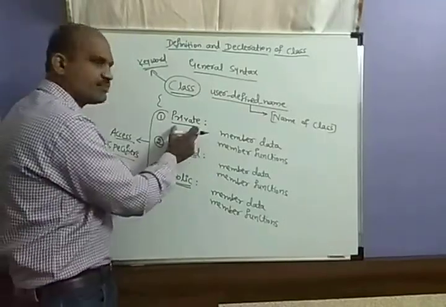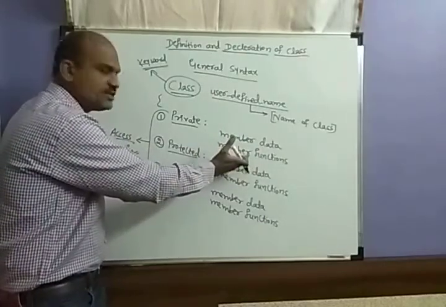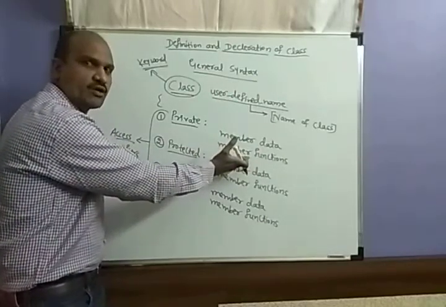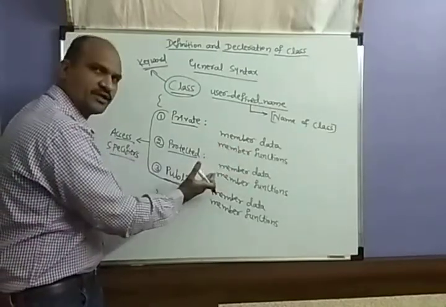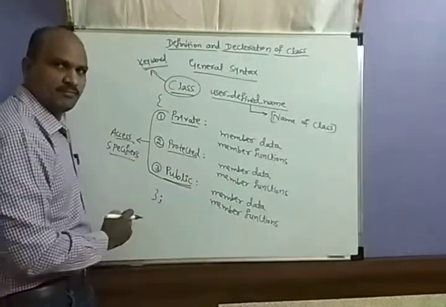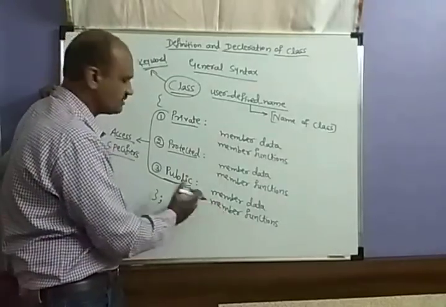Now, when you go to the private, you can declare some member data, as I told you, variables, and also the member functions, whatever operations you want to do on the objects of the class. Same in the protected and also in the public. You can call n number of functions in the public.